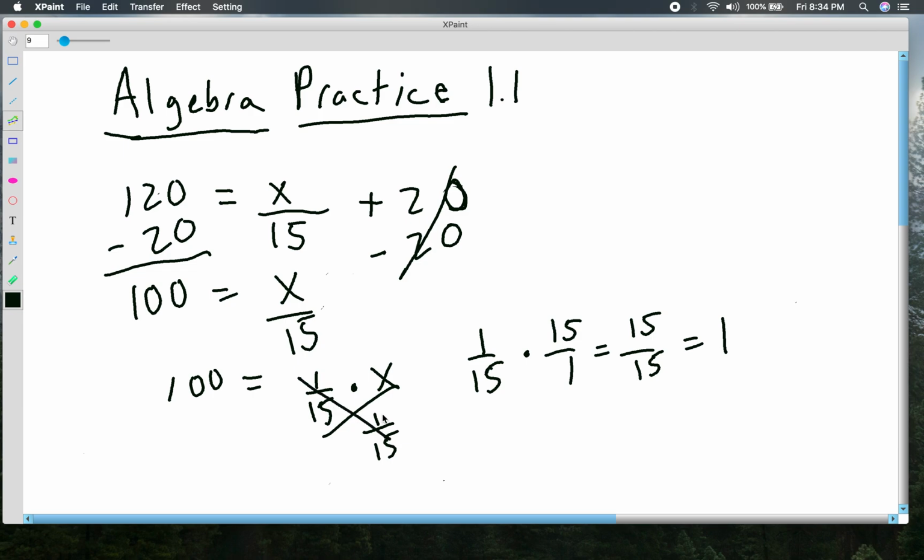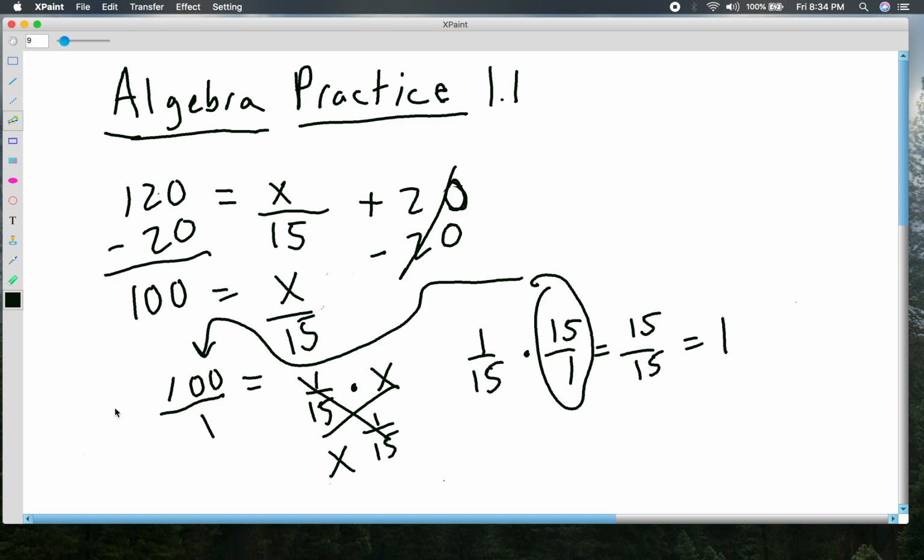Okay, which is going to get x as itself. But if I multiply by the reciprocal here, I have to do the same thing over here. And this is the same as 100 over 1 times 15 over 1, which gives me x is equal to 1500, because this gives me 1500 over 1, which is 1500.